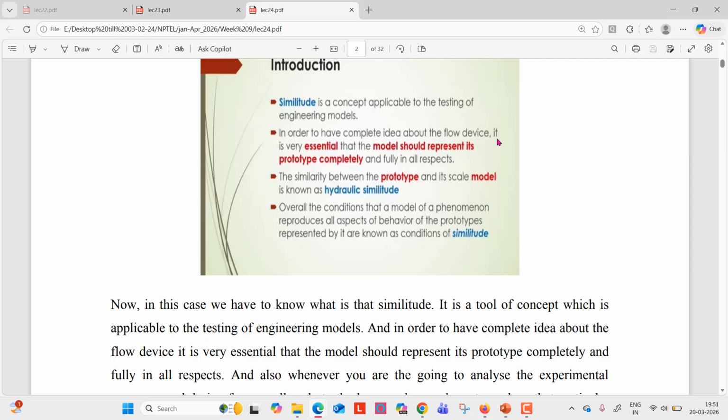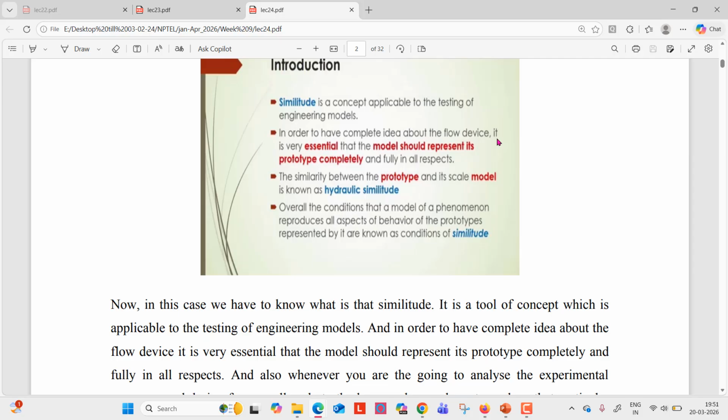Suppose you are making a hydraulic pump in lab scale. Okay, how will it flow or how will it behave in a real system? So we have to scale up this model with similar proportion, right? So the similarity between the prototype and its scale model is known as hydraulic similitude.